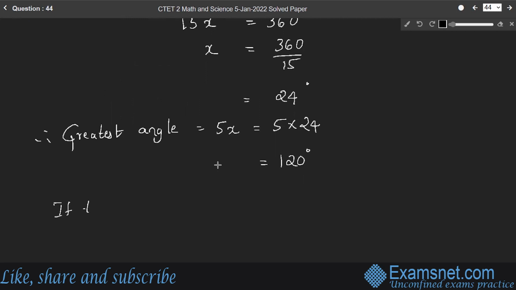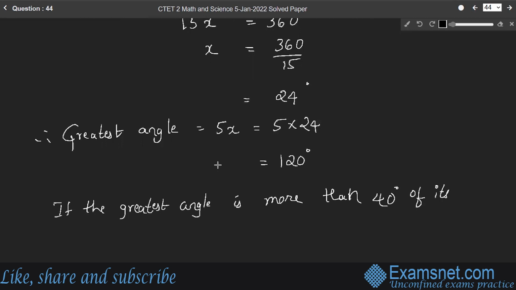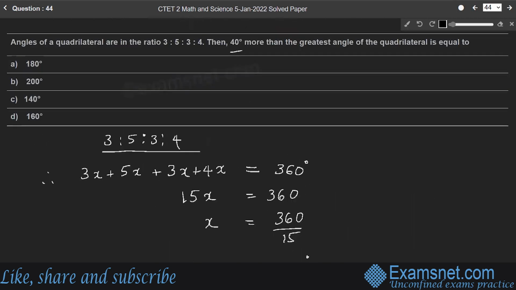If the greatest angle is more than 40° of its value, then the value is 120 plus 40, that is 160°. Therefore, the answer is option D.